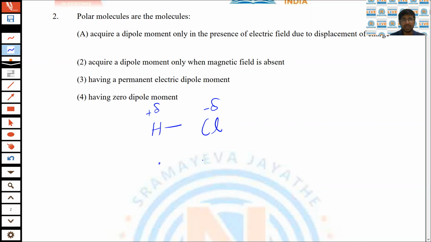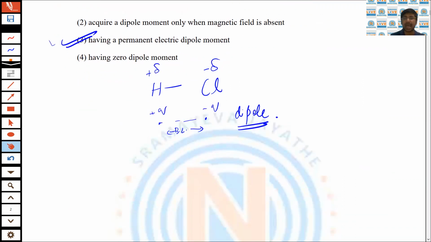These are two charges of equal magnitude and opposite sign separated by a distance equal to the bond length, which creates a dipole. So the third option is the correct option: polar molecules are the molecules that have a permanent electric dipole moment.